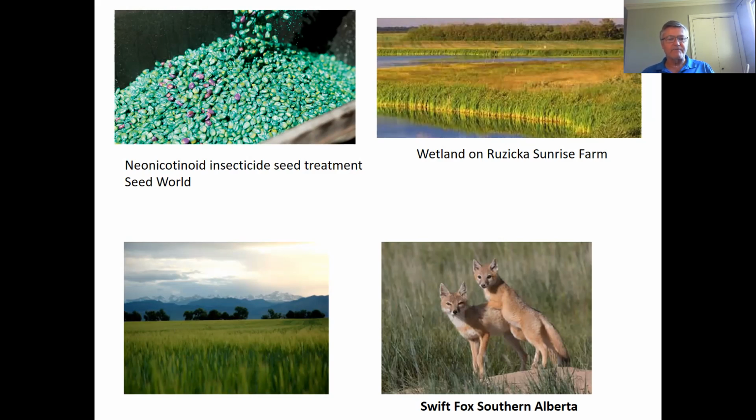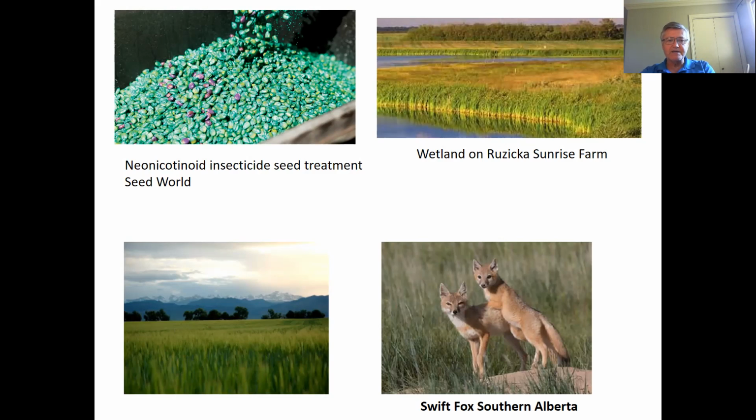That extra use of neonicotinoid insecticide, both as seed coats as well as sprayed on fields, has run off into things like the wetlands, such as the one on Don Rizicus's Sunrise Farm in the right-hand corner there. Most of the wetlands throughout the prairies have now been contaminated by these neonicotinoid insecticides.